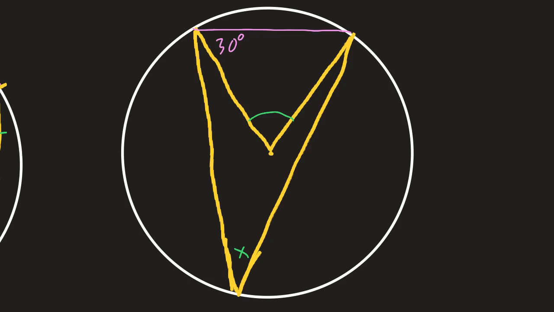I actually could find x from that because, and this is what we're going to do next week, these are both radii. So these are congruent, so ITT would say these are congruent. So this is 30, and if those are both 30, that adds up to 60, then this must be 90, which I don't like because that's not 90.